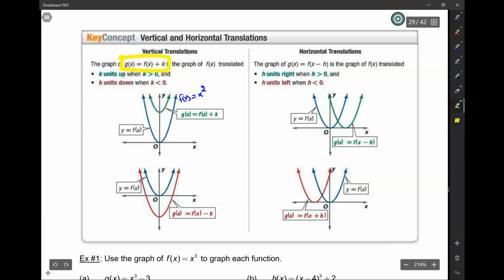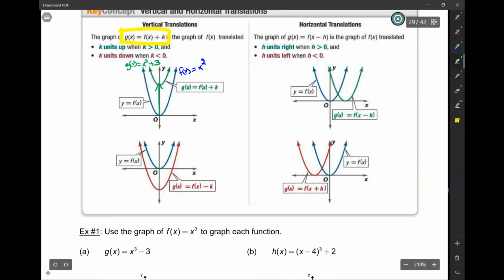So if I write g of x is x squared plus 3, that moves my function up 3 units. But now if I make my g of x x squared minus 3, then it moves down 3 units. None of this is new, right?